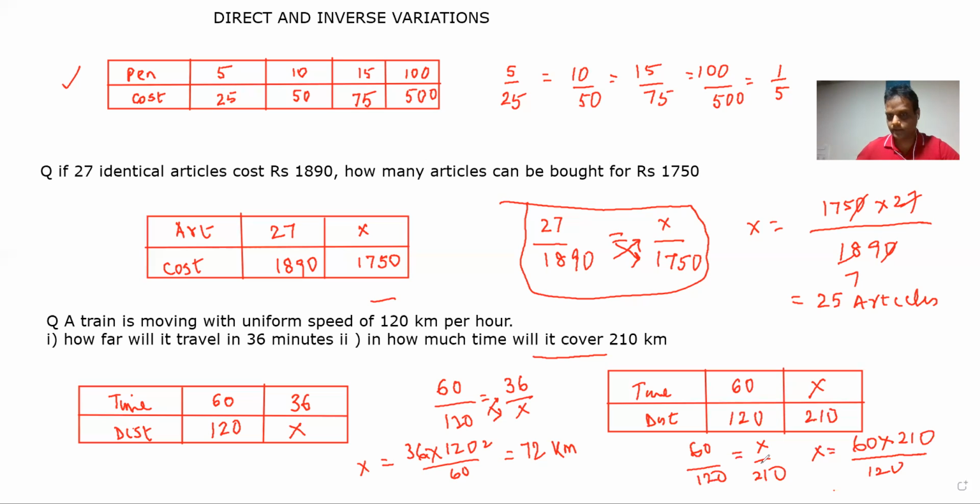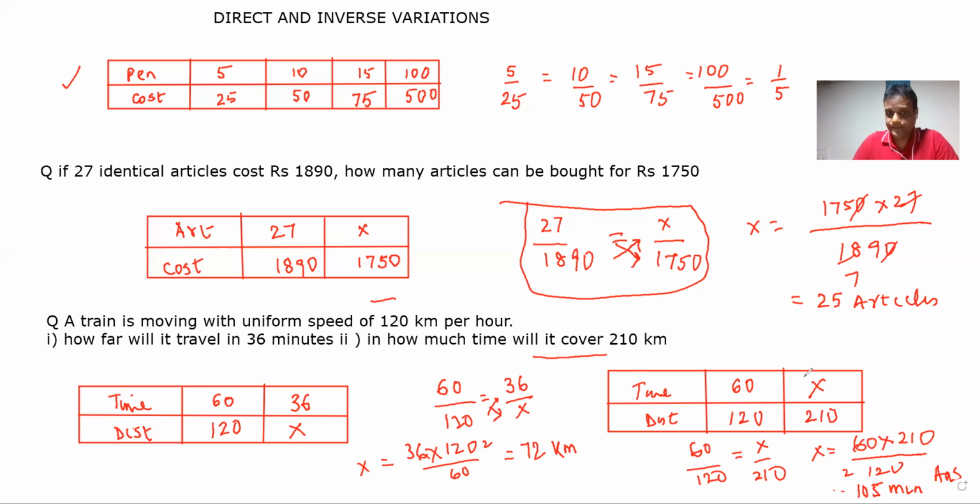Can we solve this? So 60 2s are 120. So this is 105 minutes. So the time taken to travel 210 kilometers is 105 minutes, and this is the final answer.